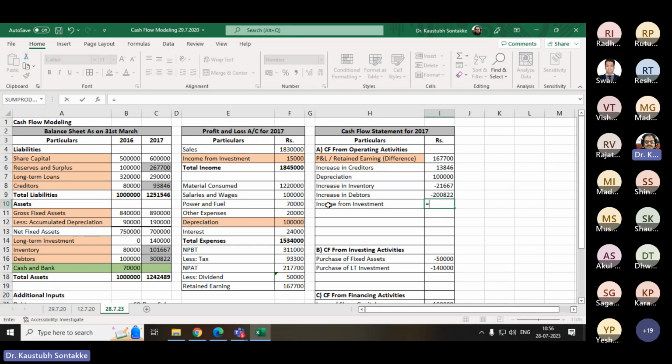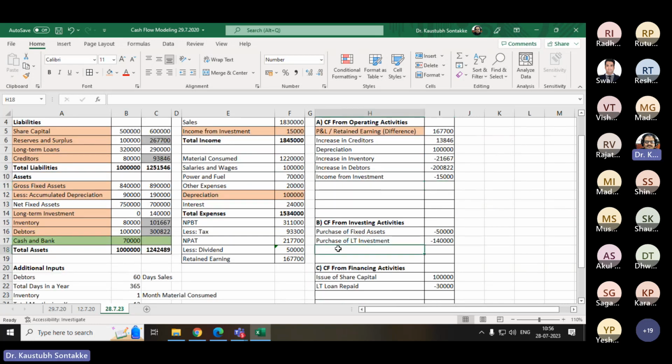So I will write is equal to, press minus sign, and then take that 15,000 cell, which is F5. Enter. So what I did is, income from investment I have deducted from operating activity.